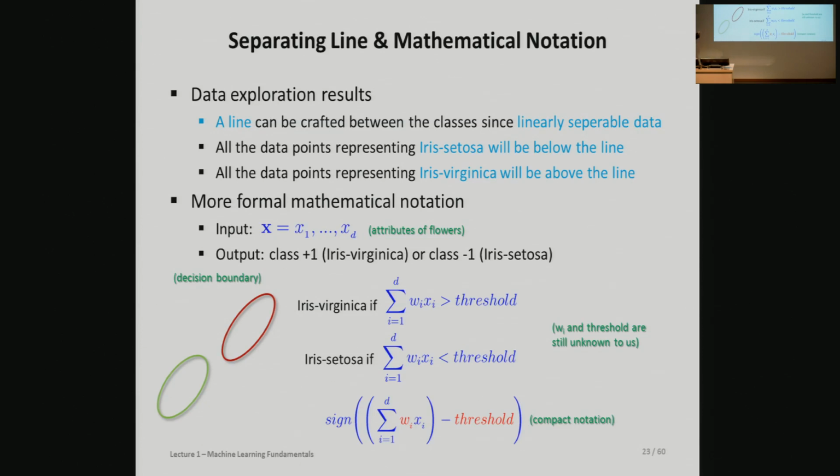If you think about this line as a threshold, everything which is bigger than a certain threshold should be this iris virginica, and if it's below some threshold, it is basically the iris setosa. So that is how you create the first learning model, the perceptron, the idea of separating something with a line.